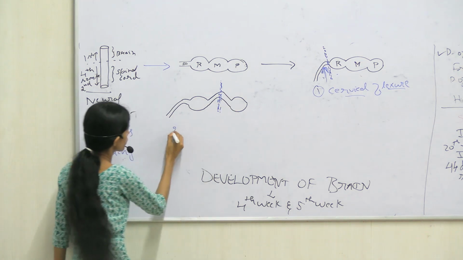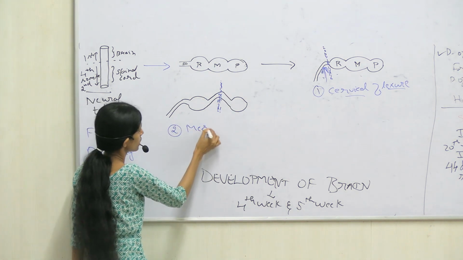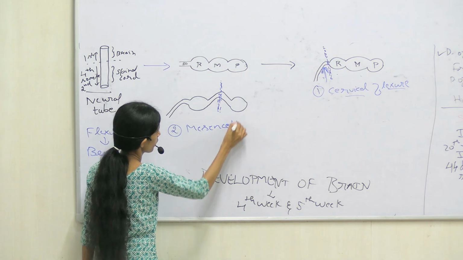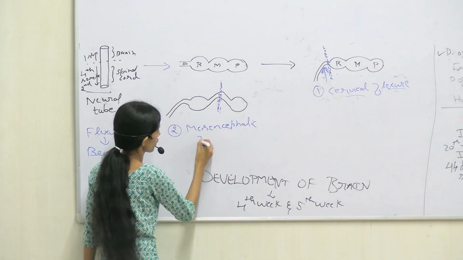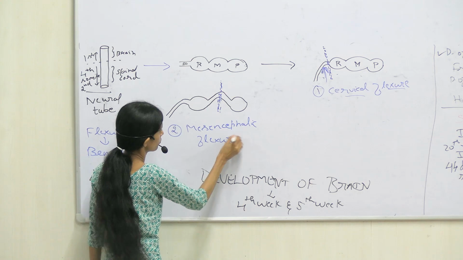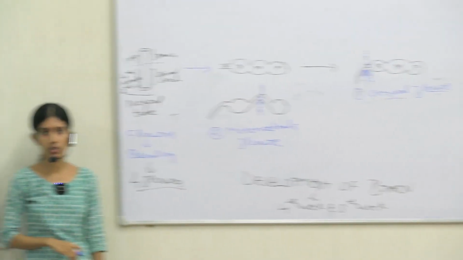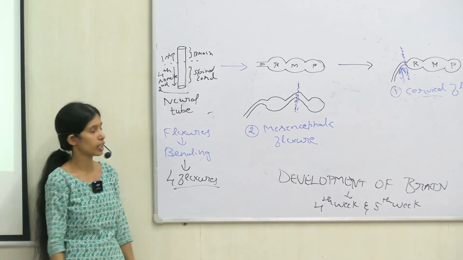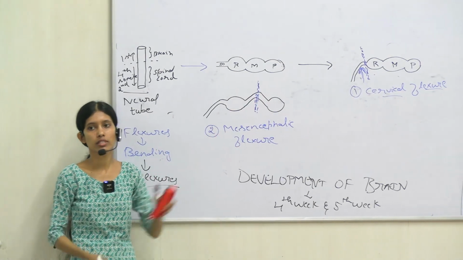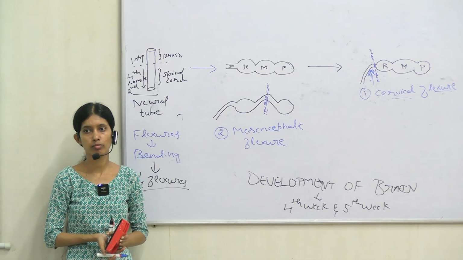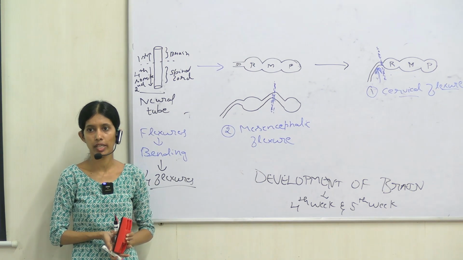And this flexure is called as mesencephalic flexure. The mesencephalic flexure or bending is taking place at the mesencephalon part of the developing brain.